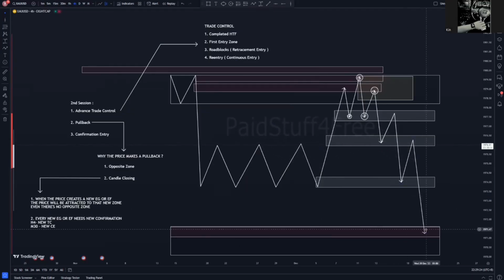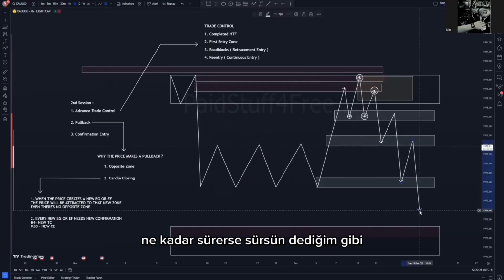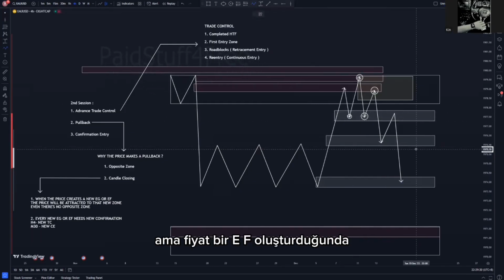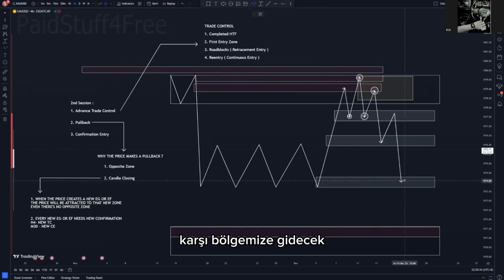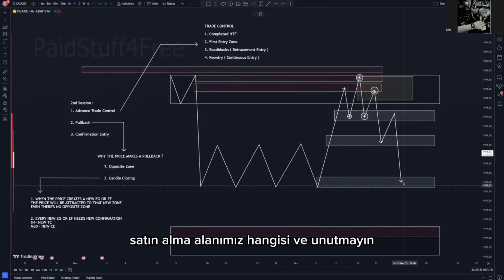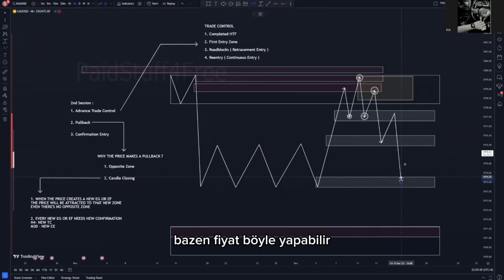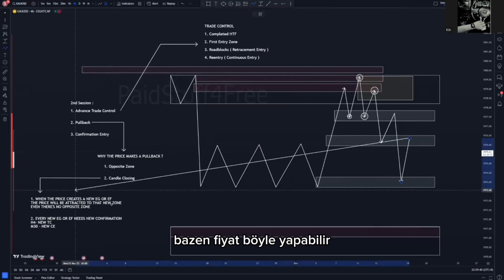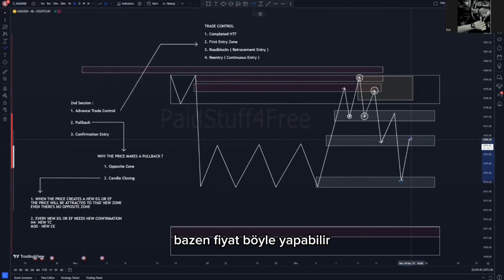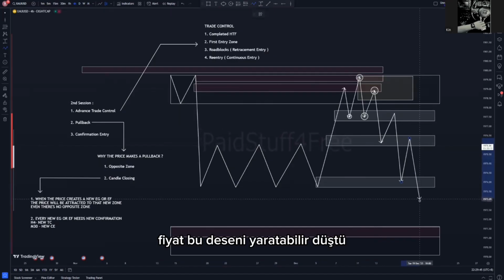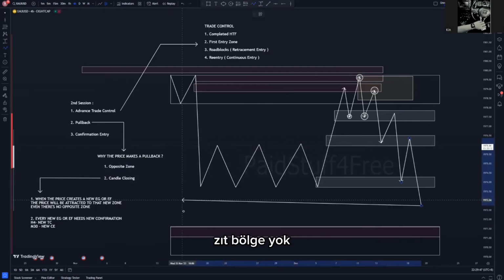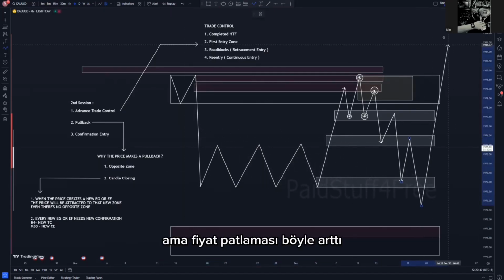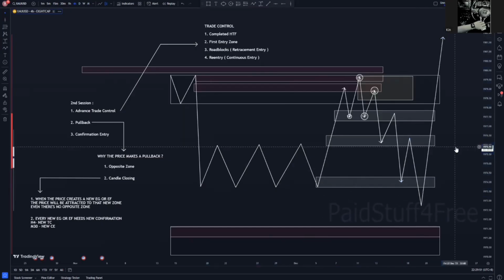Like I say, no matter how long it takes, when the price creates an EF, it will go to our opposite zone, which is our buy zone. And remember, sometimes the price can create this pattern: it went down, there is no opposite zone, but the price went up like this.